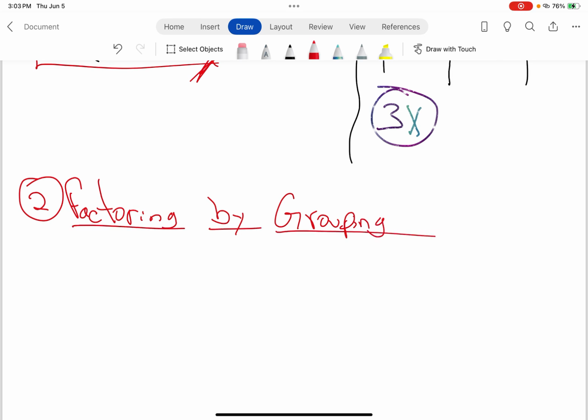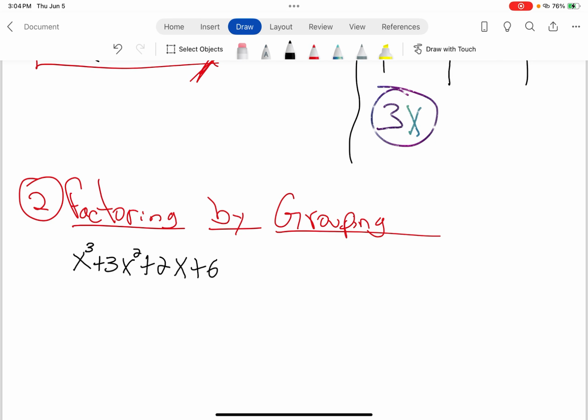So I bring a sample for you. The sample was x cubed plus 3x squared plus 2x plus 6.